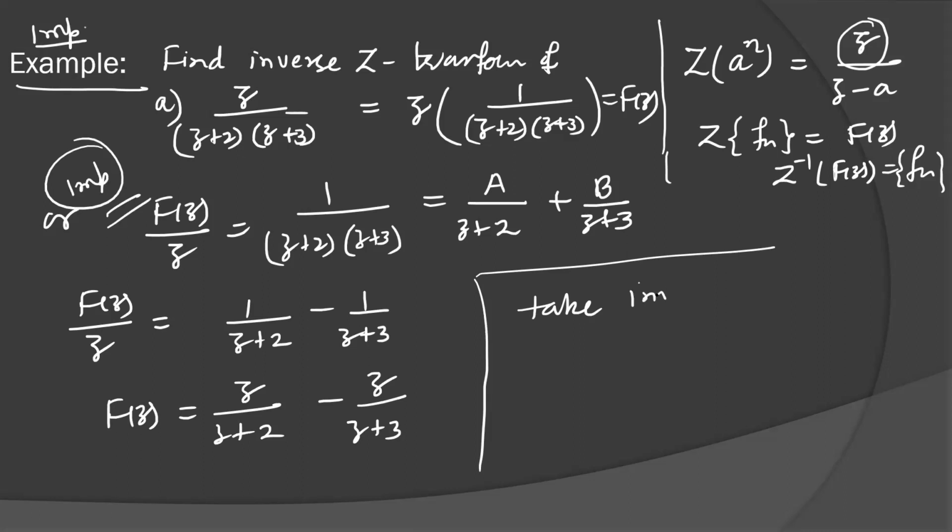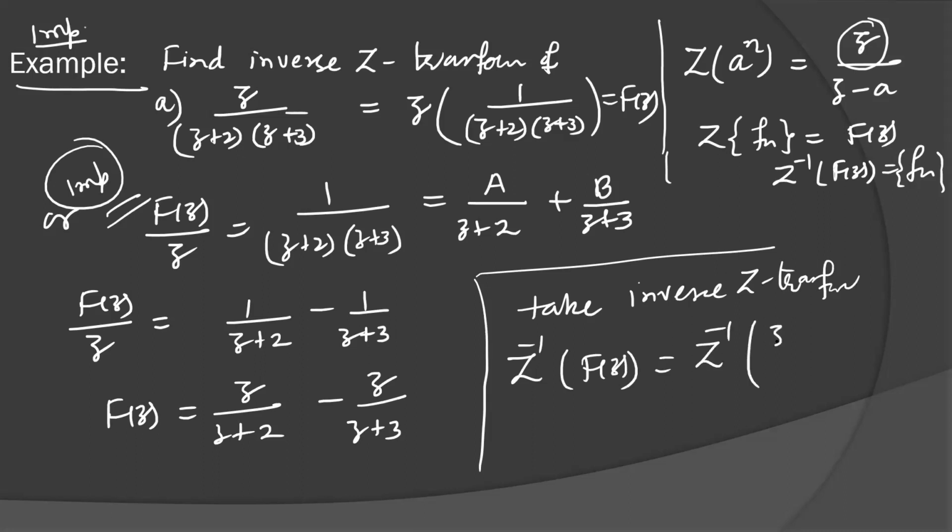Take the inverse Z transform on both sides. We will get Z inverse of F(z) equal to, use the linear property, Z inverse of z over (z + 2) minus Z inverse of z over (z + 3). So it will be the f(n) sequence, or f(n) is equal to, now what will this be?